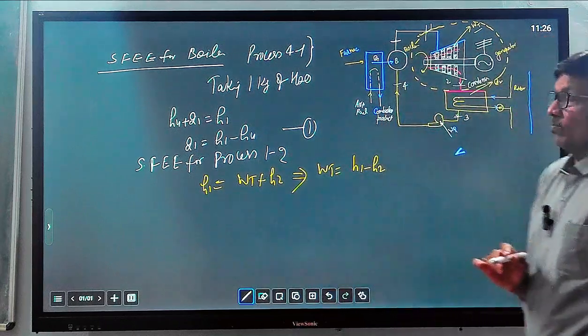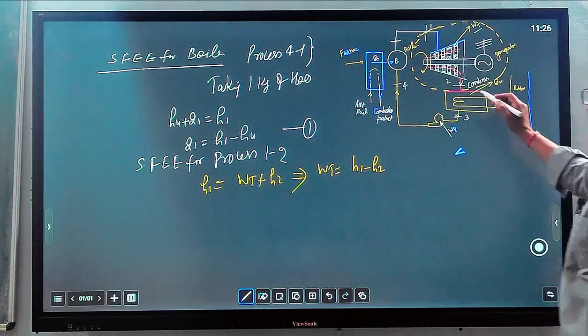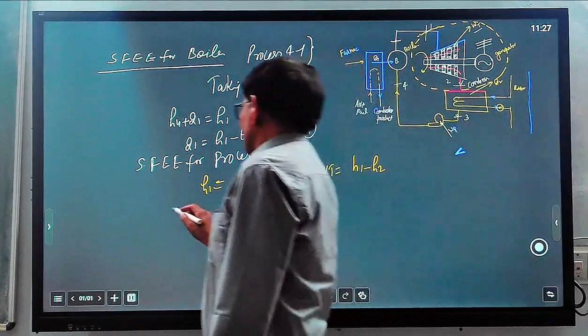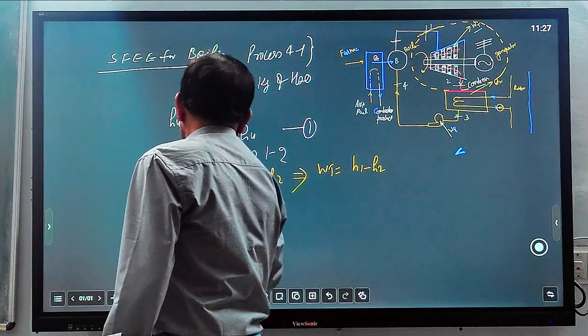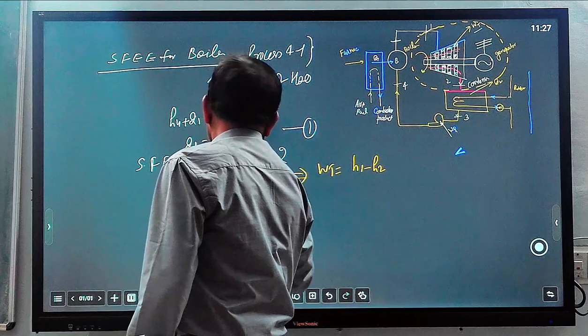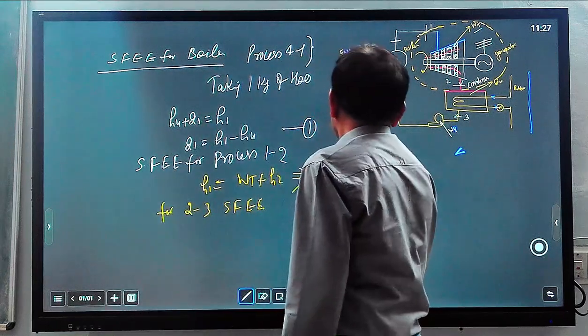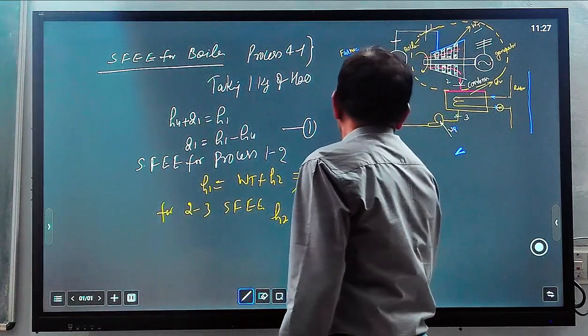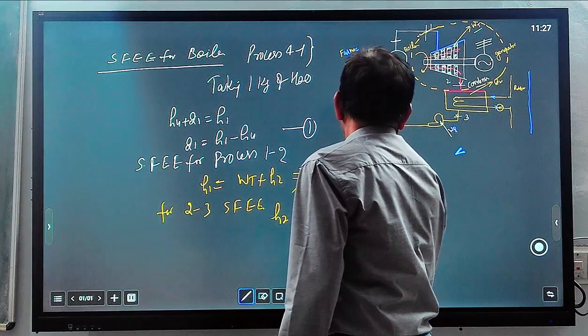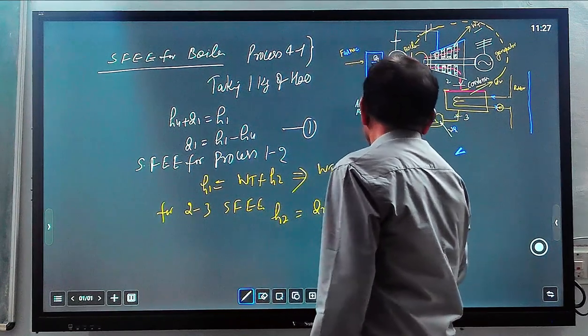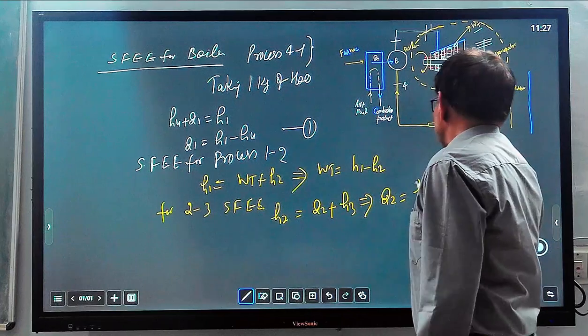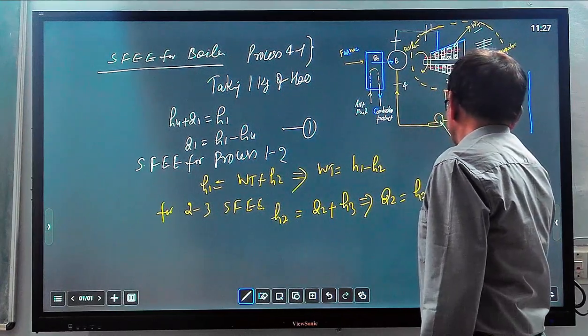Again applying the steady flow energy equation for process 2 to 3: H2 equals Q2 plus H3. So Q2 equals H2 minus H3.